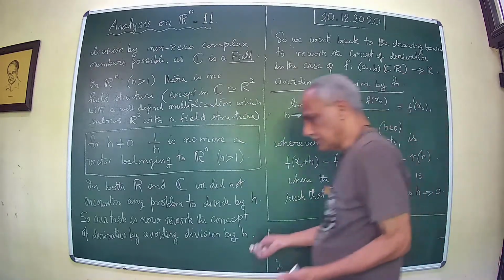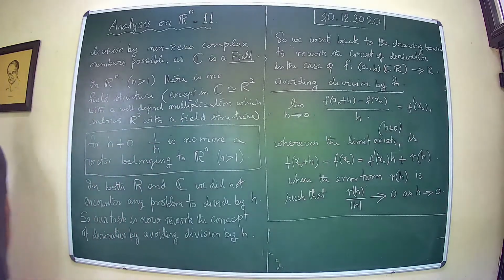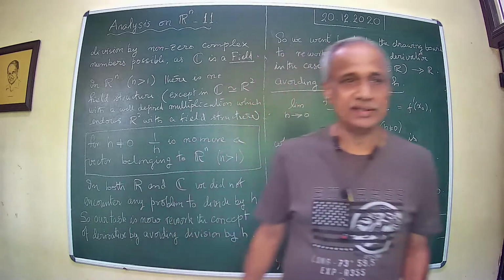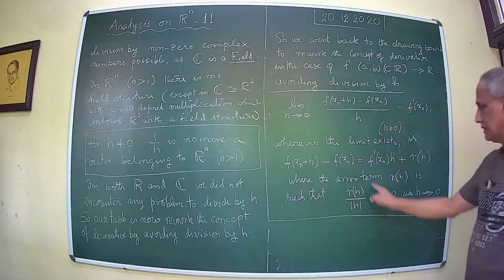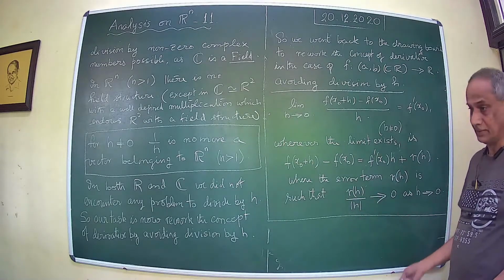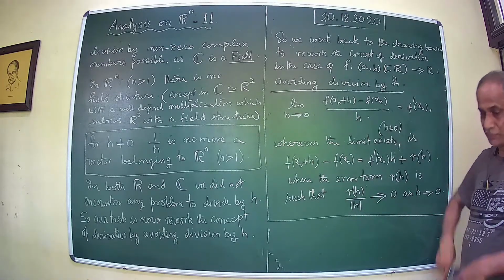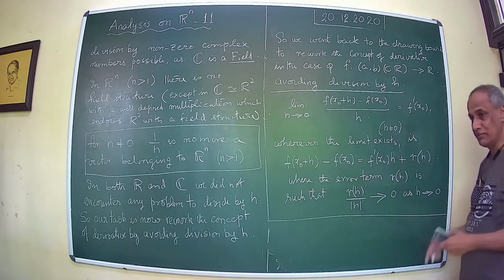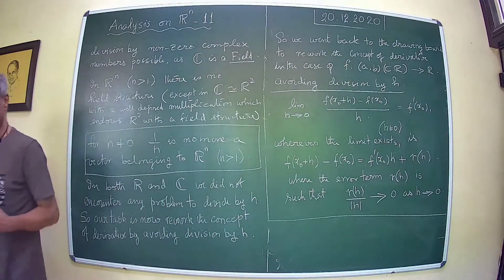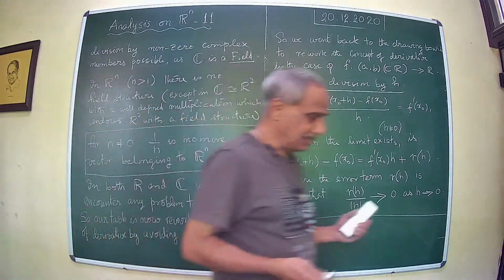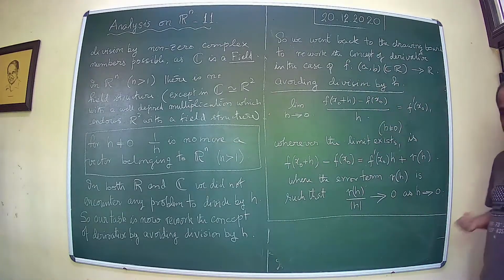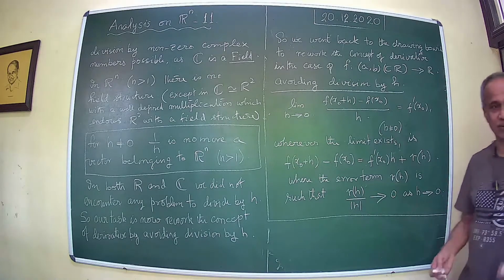Fortunately, in this formulation, we don't have the difficult step, namely dividing by h. And here in this statement, we have written r of h divided by mod h. Okay, and there's a possibility that this can be reformulated for vectors in R n, because the only thing is that wherever this modulus comes, you will have to replace it by norm.